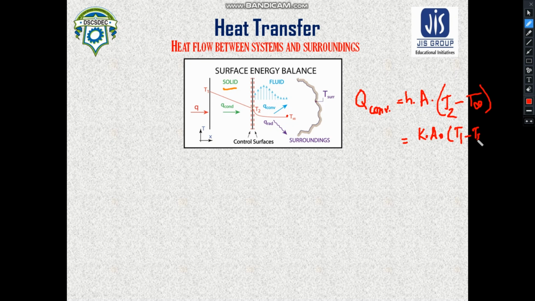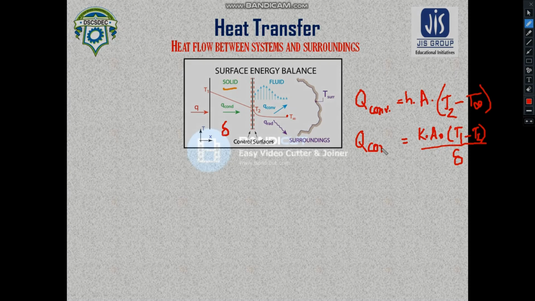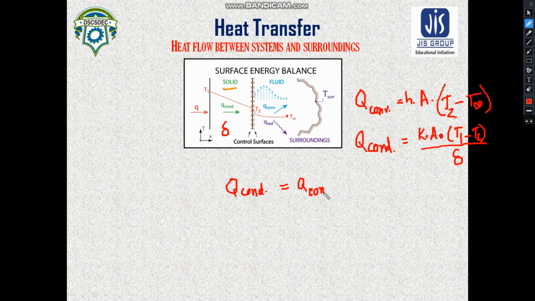In the diagram the thickness of the wall is not given, so let us take delta as our thickness of the wall. Q conduction will be equal to Q convection.